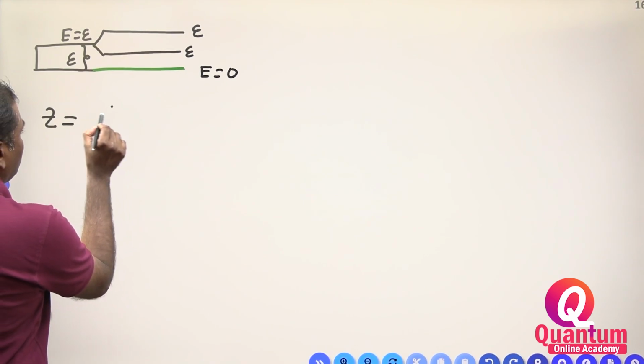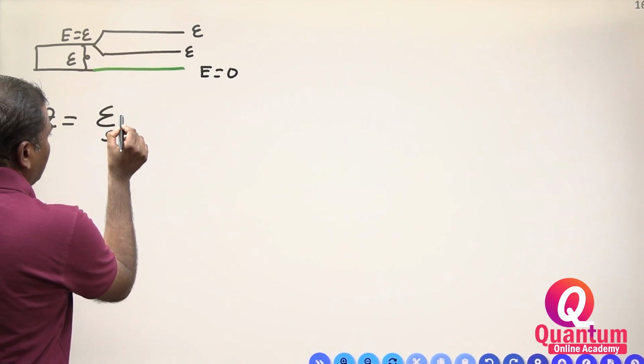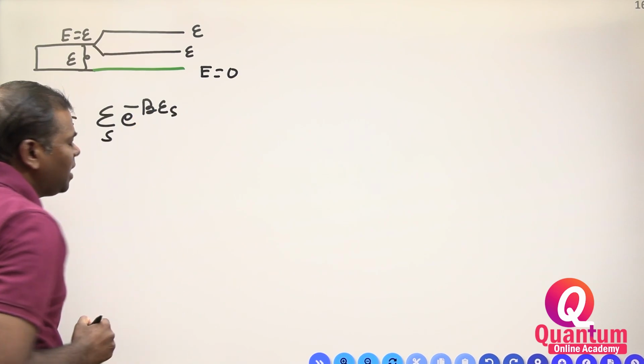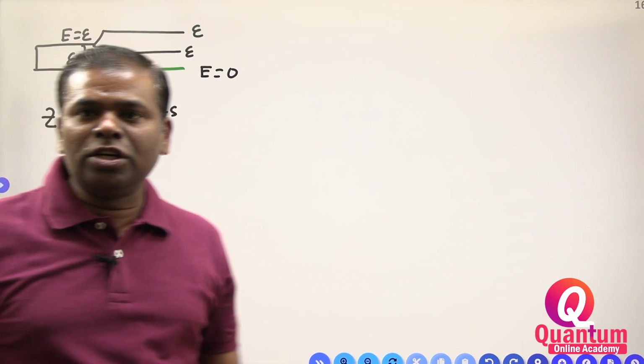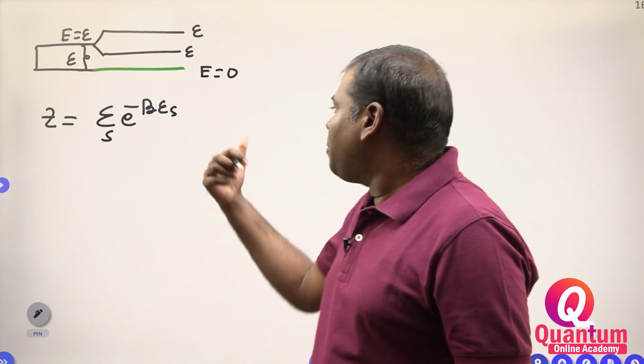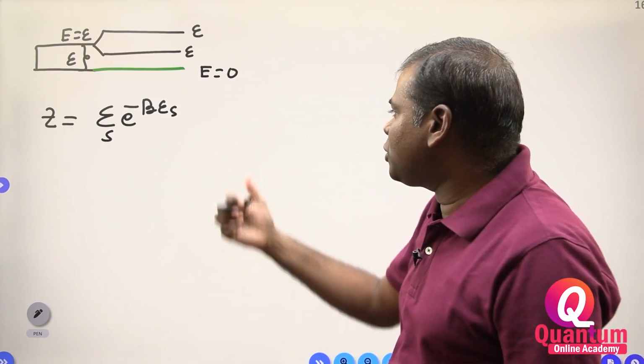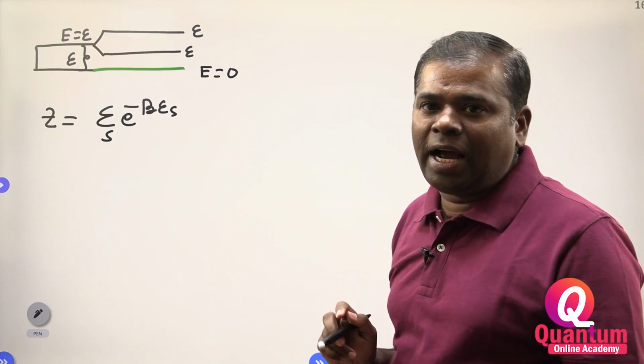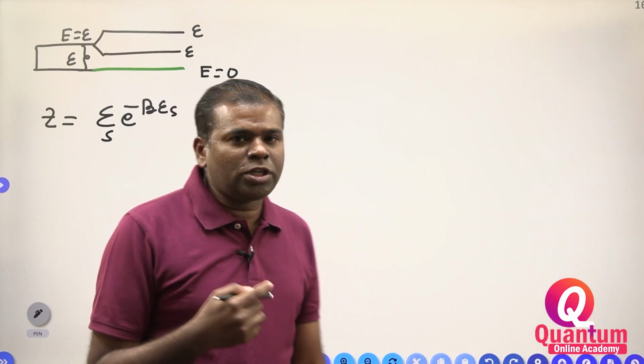The partition function formula: Z is equal to the summation over s of e to the power of minus beta into Es. First you have to substitute.